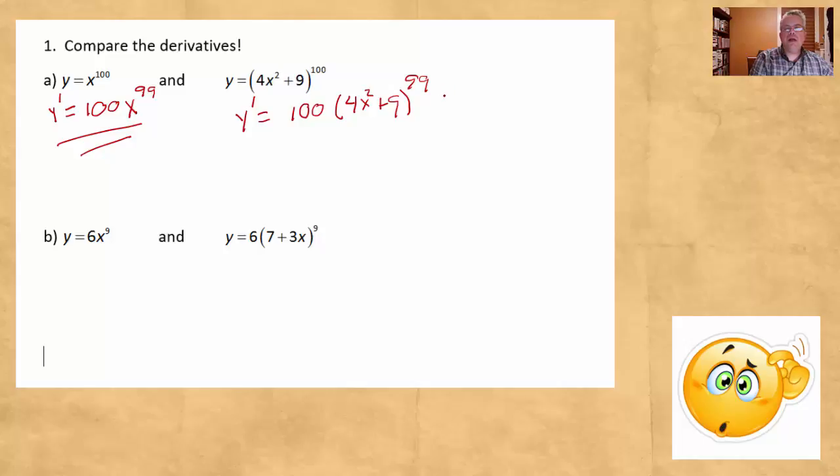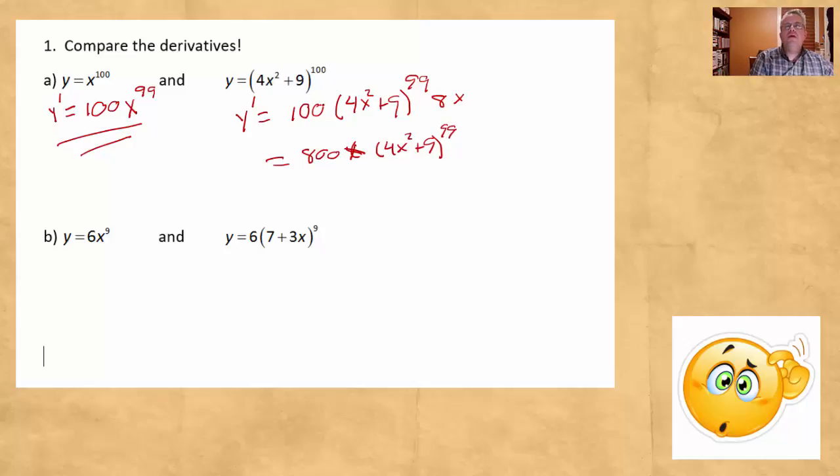Well, that would be 8x in this case. So if I multiply 100 times 8x, I get 800x, times 4x squared plus 9 to the 99th.